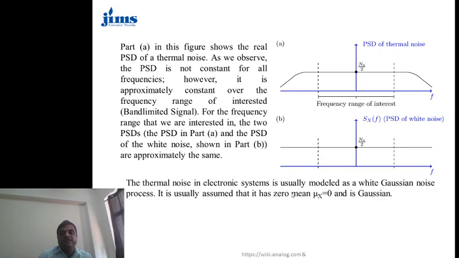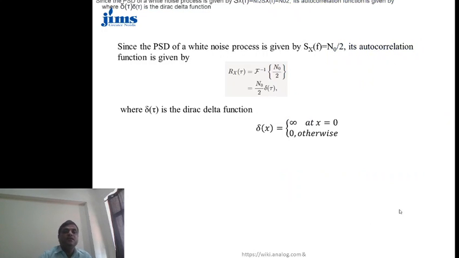So the PSD of white noise, this is the formula used to calculate the PSD of the white noise, where delta(t) used at this point is called the Dirac delta function. Its value is defined here.